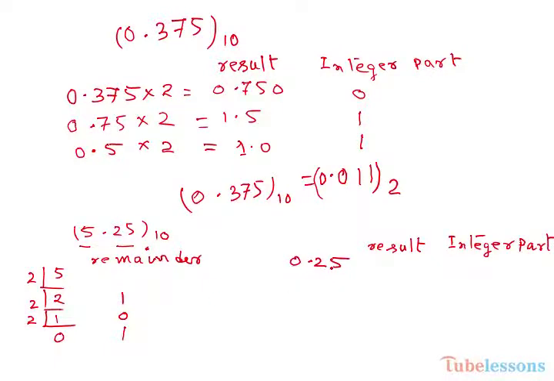So 0.25 multiplied by 2, the result is 0.5.